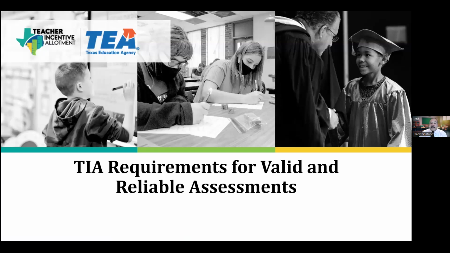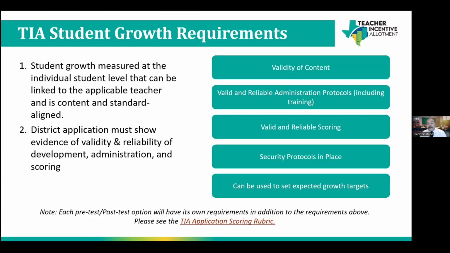Now that we've looked at some of the objectives and our intro, let's get into our TIA requirements for valid and reliable assessments. We do have some requirements in place, and we talked a little bit about those requirements last week at the intro to student growth measure session. When we're talking about our requirements, we are looking at whether student growth is measured at the individual student level and can be linked to the applicable teacher.